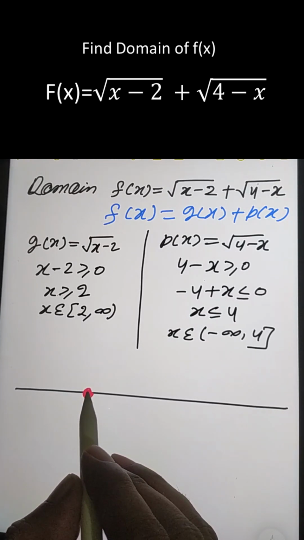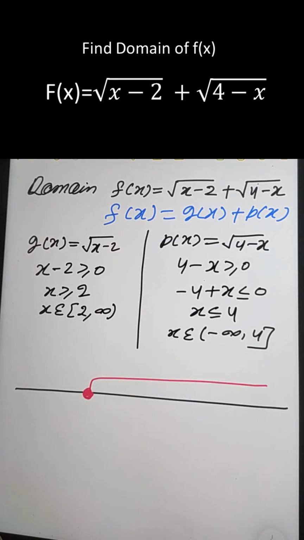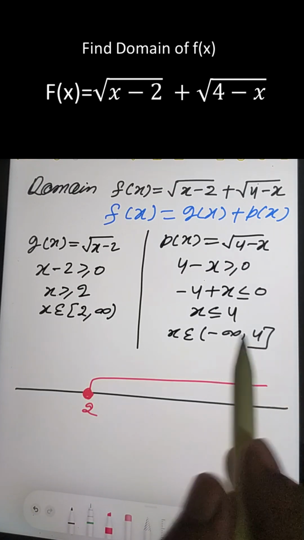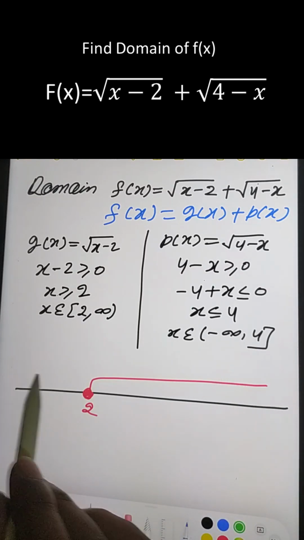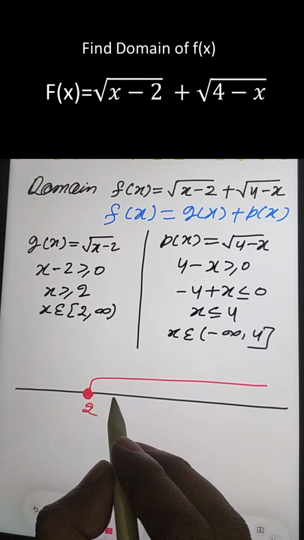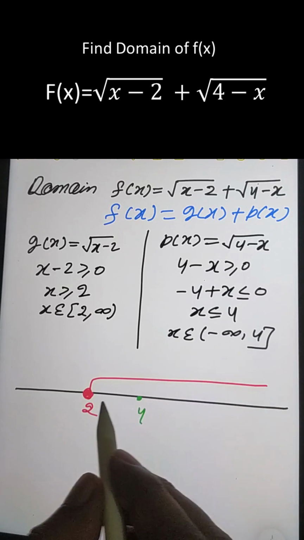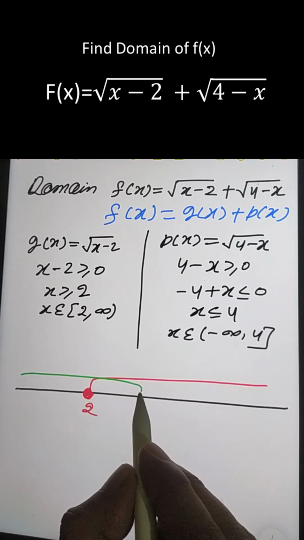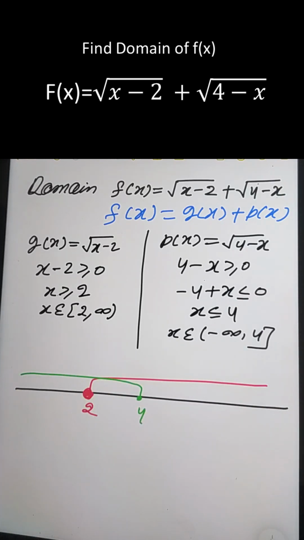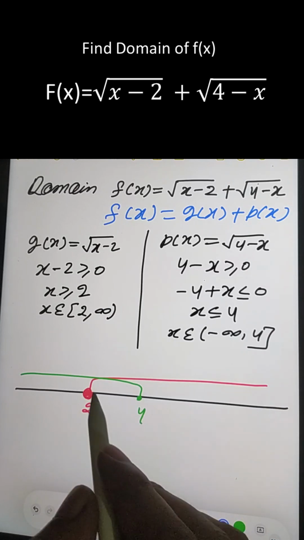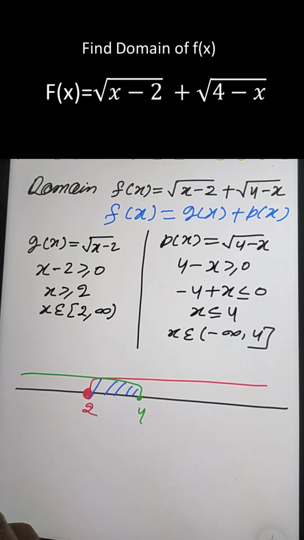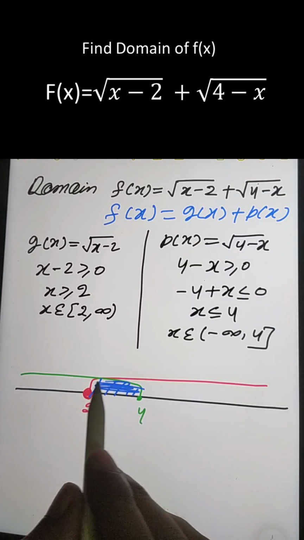Then minus infinity to 4, suppose here is 4. So what is the common part of these two? This is the common part.